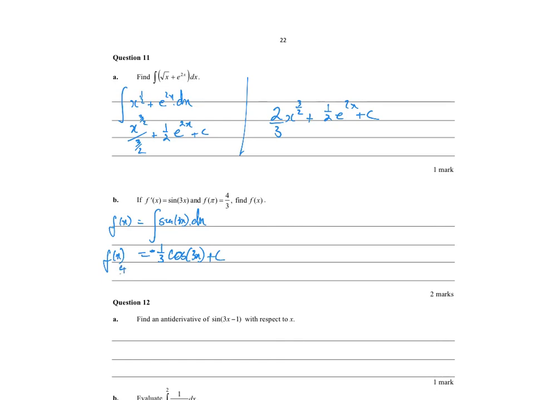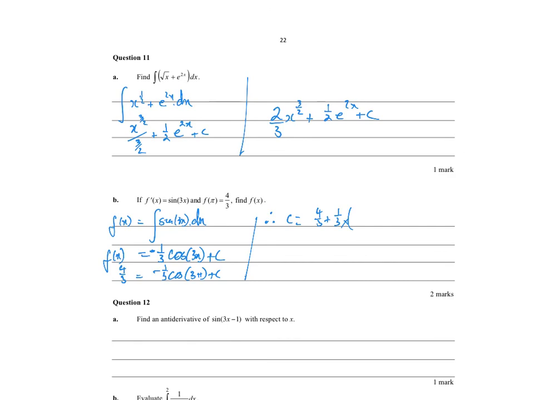So we get 4/3 is equal to minus 1/3 cos of 3 pi plus c. C is equal to 4/3 plus 1/3 times, what's cos of 3 pi?